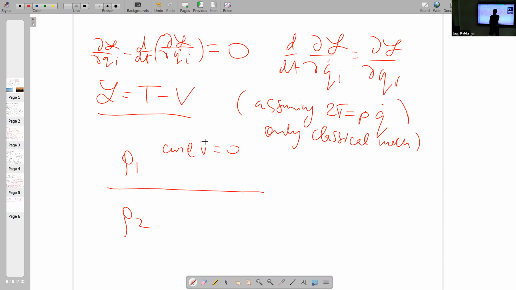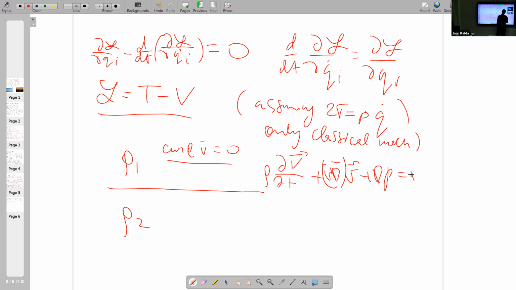Let us write rho times dV over dt plus (V·nabla)V plus gradient of P is 0. But for small perturbations, the nonlinear term goes away, because it is small times small, which is very small.